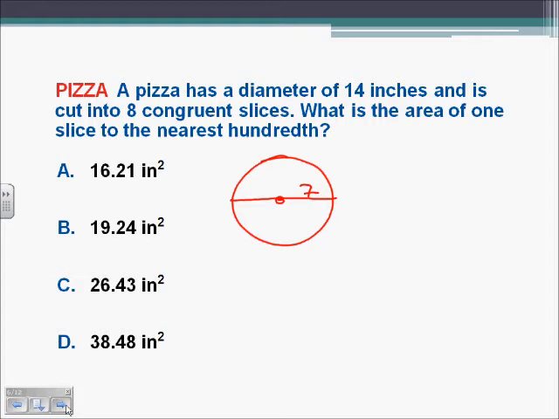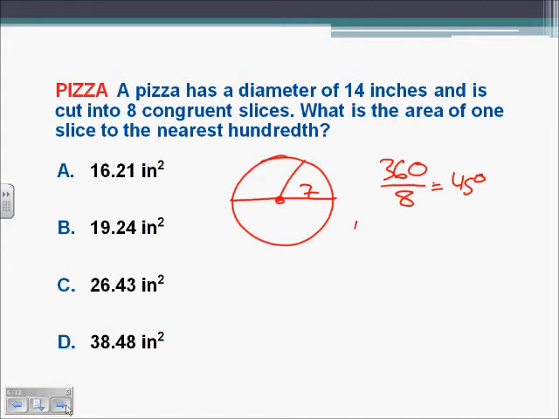So we plug that into our formula. We know the measure of each one of those angles is going to be 360 divided by 8 because each one is equal. So each arc measure, or each angle measure, is going to be 45 degrees to make those into 8 equal slices.